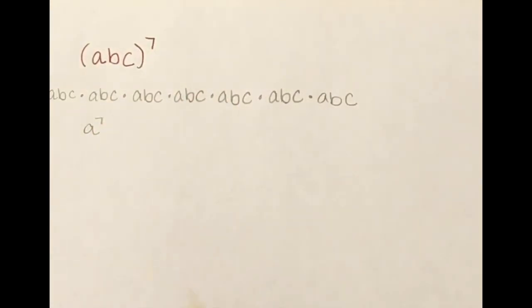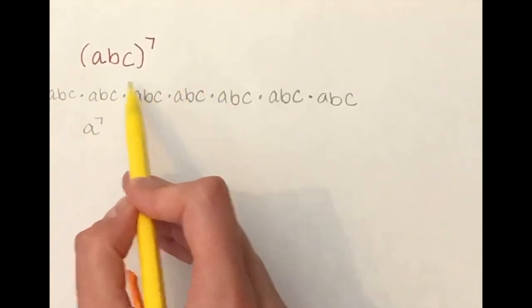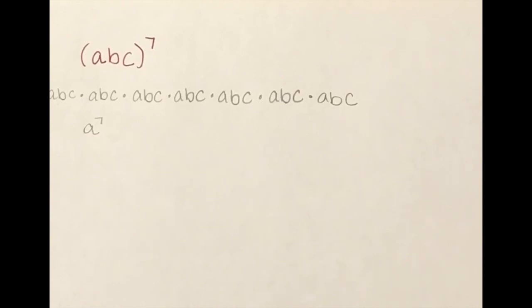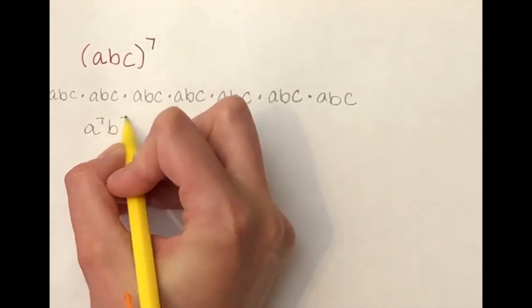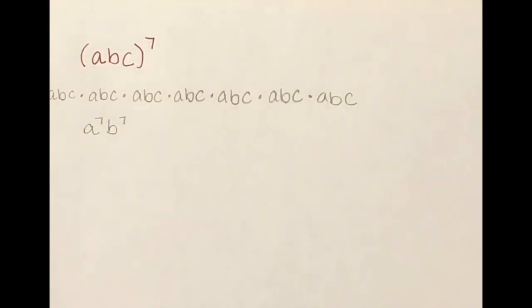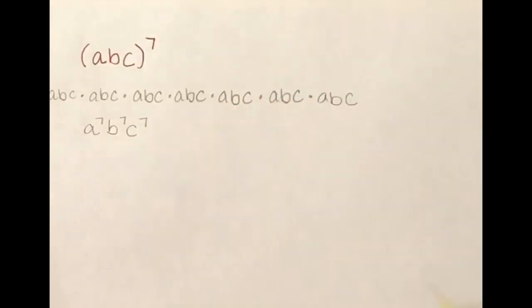Because the bases are the same and we can add all the exponents, which are really these invisible ones, all together to get a to the 7th. Same thing for the b's. What if I were to add up all the exponents on the b's there? That would also be b to the 7th. And c, same thing. This would be c to the 7th.